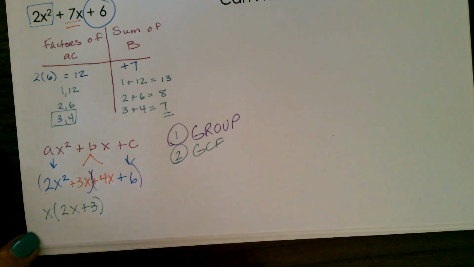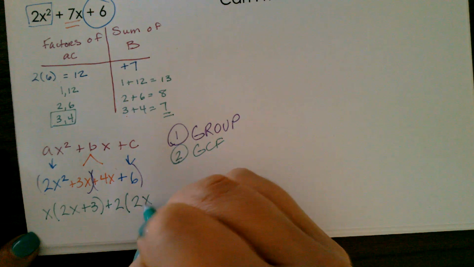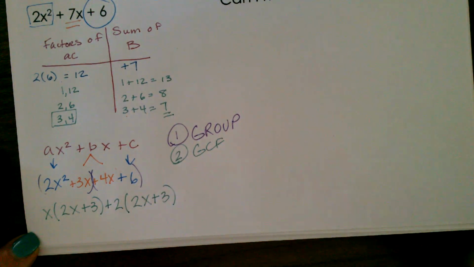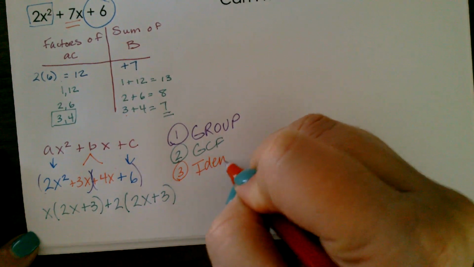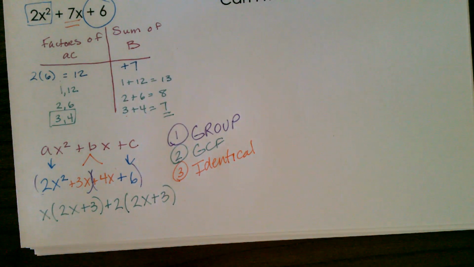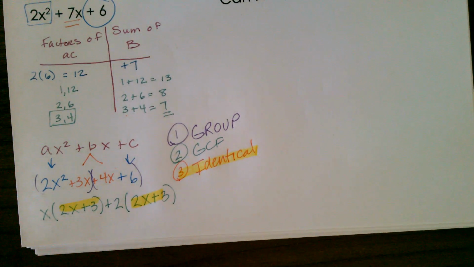For the second, the only thing I can take out is a 2, leaving me with 2x plus 3. Well, that's rather exciting because I have created a set of identical. So get that highlighter out. Woo-hoo. Here we go. We have identicals.